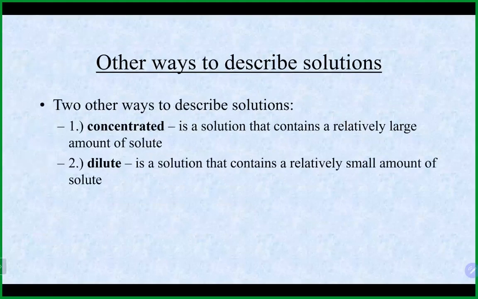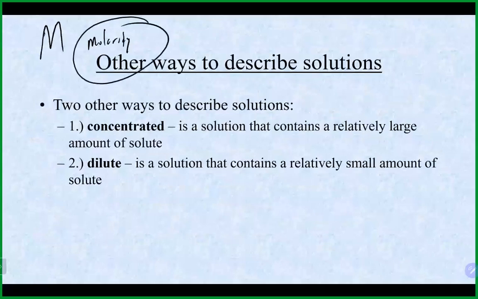Now, there are some other ways to describe solutions, concentrated and dilute. When we talk about concentration, which we are today as well, the most common concentration is molarity, which is big M. And you might see it on your bottles. Typically, the higher the number you see next to that M, the more concentrated it is, the stronger of a solution it is.